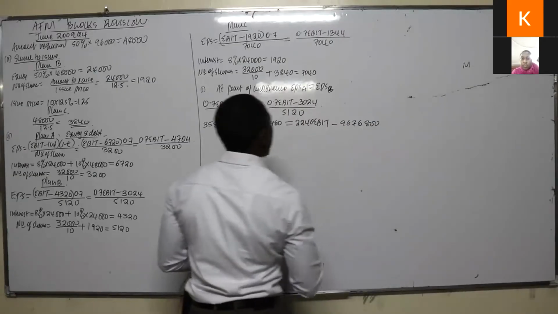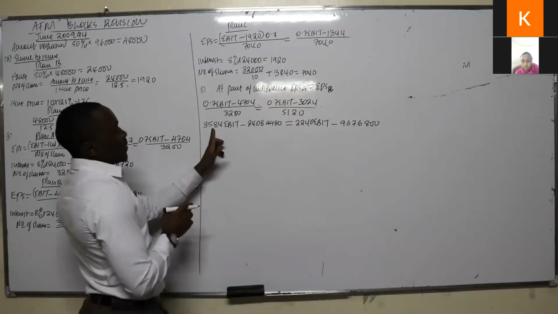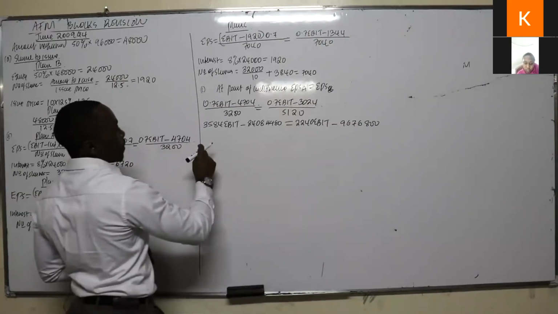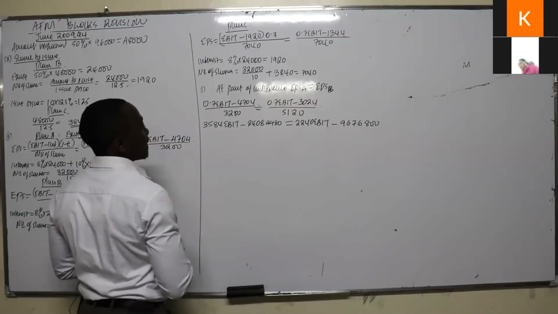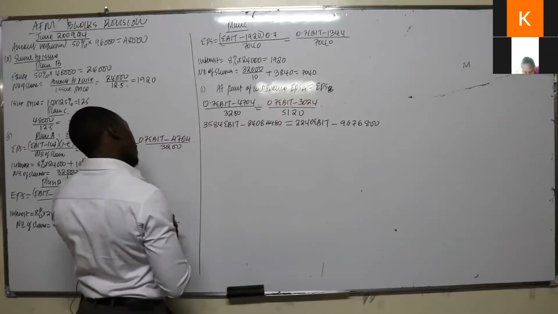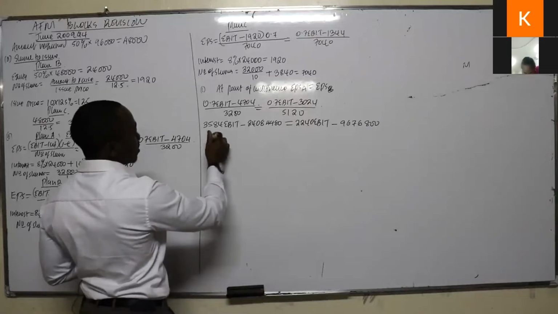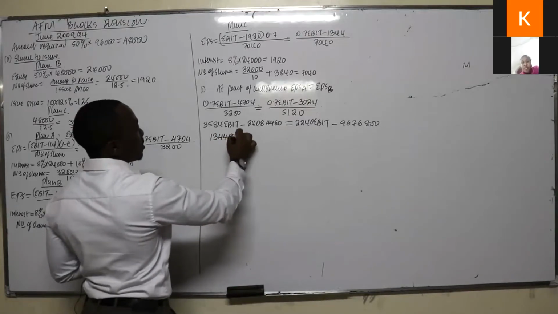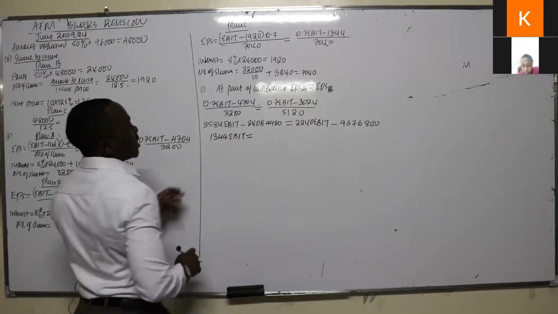So let's bring the right terms together. That 3584 EBIT minus 2240 EBIT. Yes? 1344 EBIT. Take this to the other side.